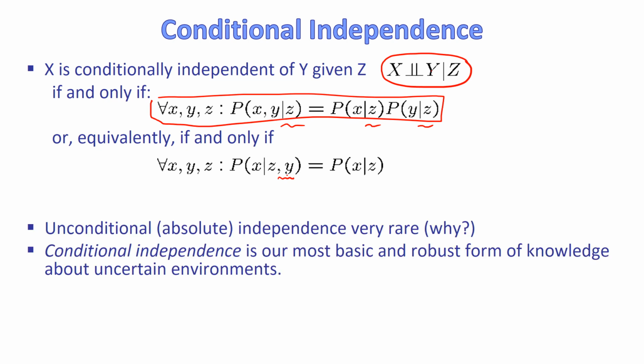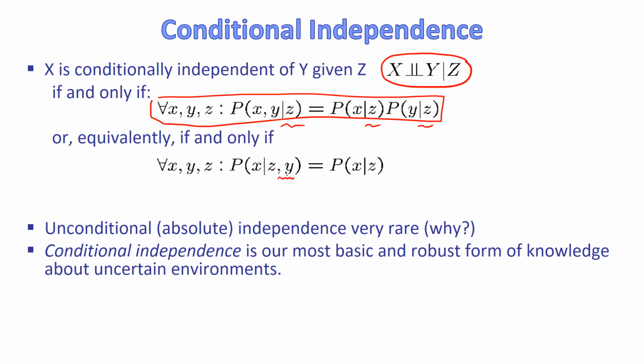And as we said, absolute independence is very rare in reality. But conditional independence will be really our basic and core tool for probabilistic reasoning in uncertain environments. So this is actually what we will build our models on, not absolute independence. Because conditional independence, we can see it in real life, and we can assume it, and with that assumption, it will not be very far from reality.